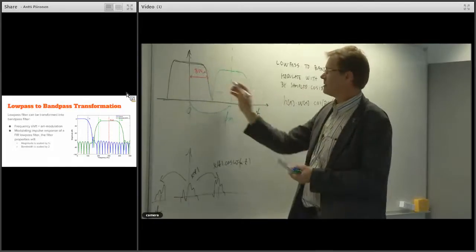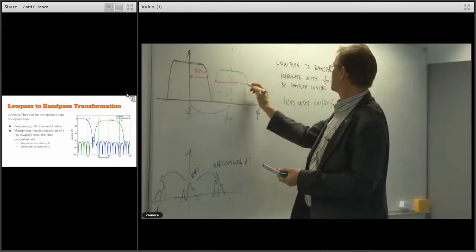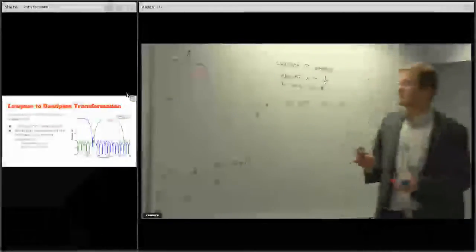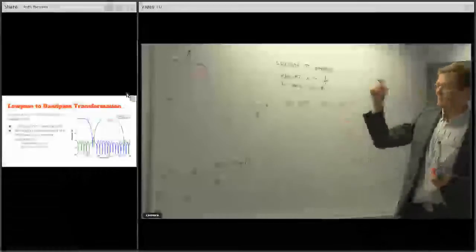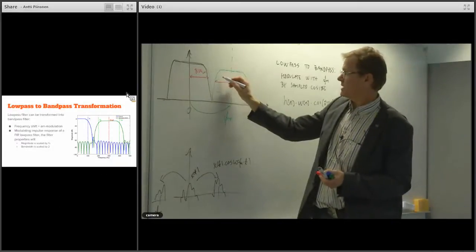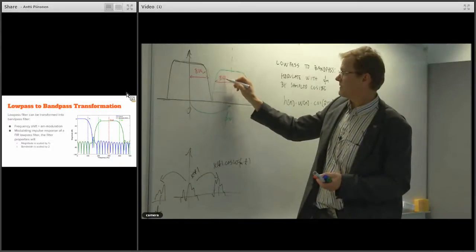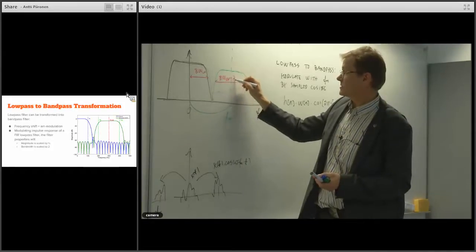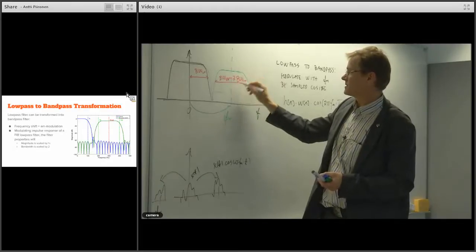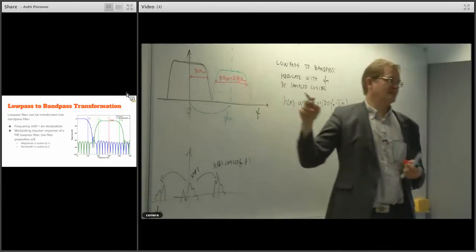But when you use the low-pass to bandpass transformation by simply modulating it, the bandwidth of the bandpass filter is 2 times the bandwidth of the low-pass filter. Just reminding of that one.